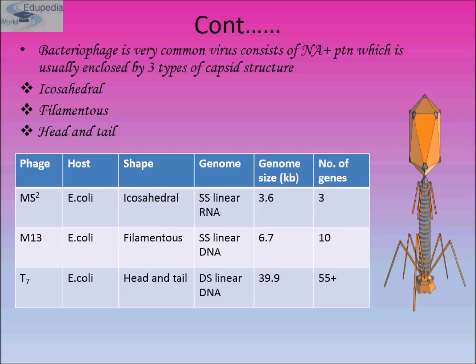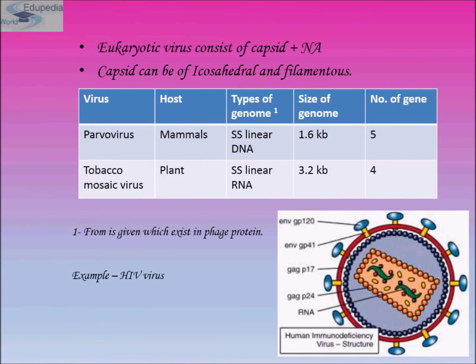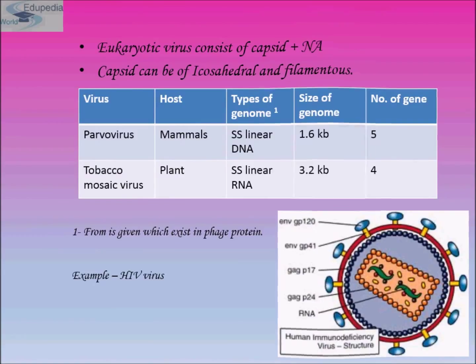It consists of nucleic acid plus protein, which is usually enclosed by three types of capsid structure: icosahedral, filamentous, and head and tail. And eukaryotic viruses consist of capsid plus nucleic acid, and the capsid can be icosahedral or filamentous.